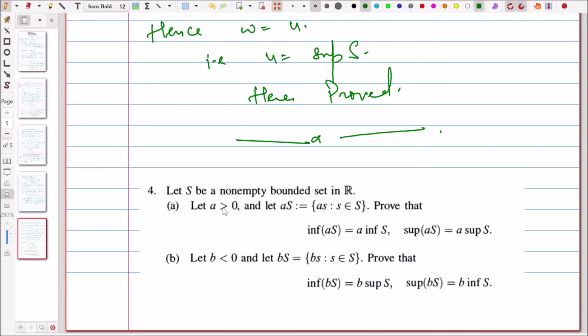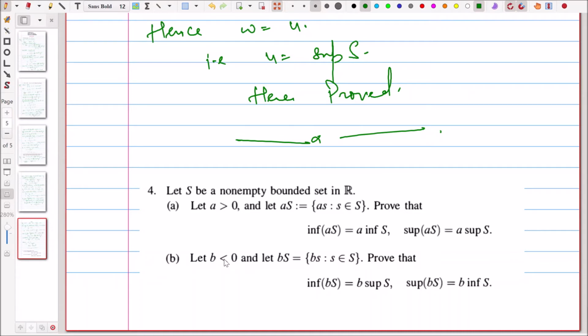We are given a positive number A, and another set defined using S, AS, where we multiply all the elements of S by A. We have to show that the infimum of AS is equal to A times the infimum of S. So we can take the A outside this infimum. Similarly, we will show that the supremum of AS is equal to A times the supremum of S.